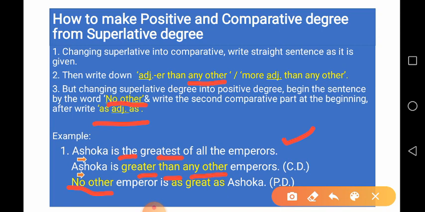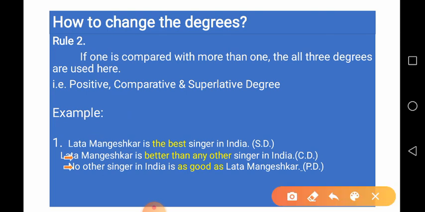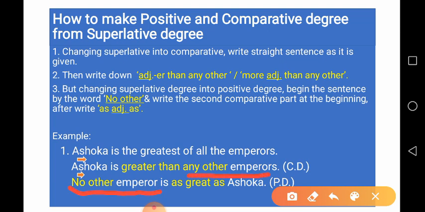So, instead of any other emperor, we use no other emperor, means the second comparative object is taken first.